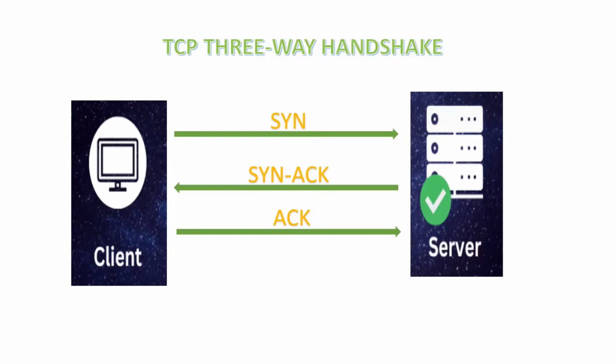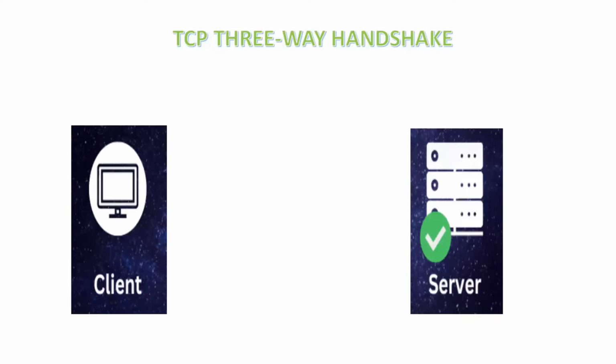Let's see this in more detail. On the SYN packet, the first packet that the client sends to the server, the SYN packet has a sequence number. Among many of the fields of the TCP header, the sequence number is one of the most important fields, which helps us identify which packet talks to which packet.